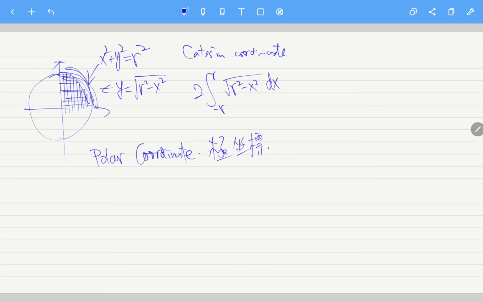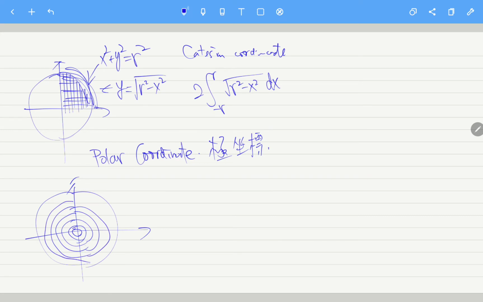So we will try to separate this circle. Actually, this is a circle. We try to separate the disk like this. This is separated into many rings.